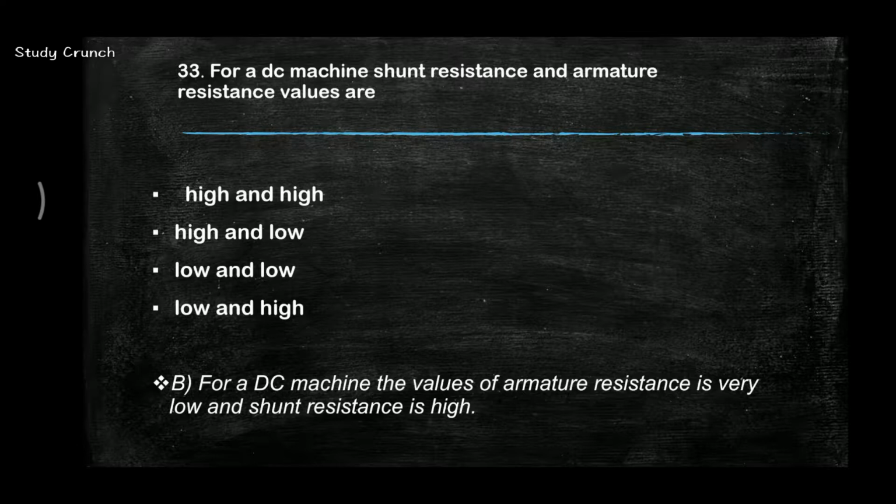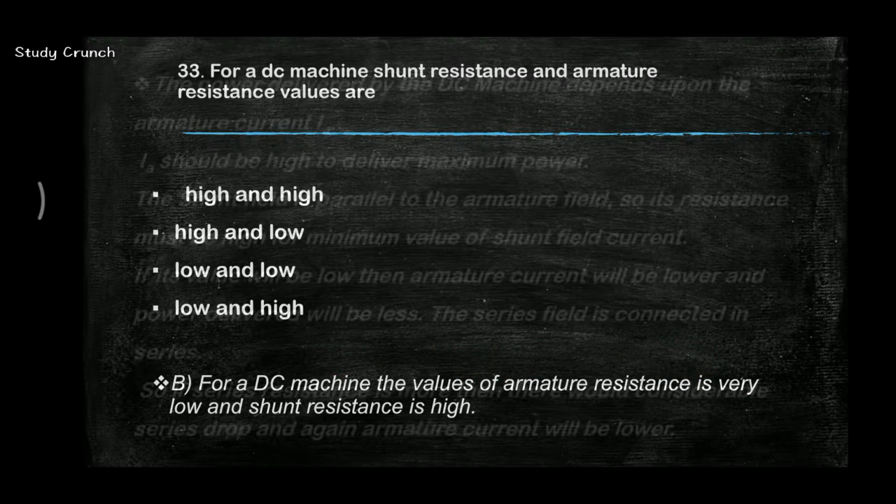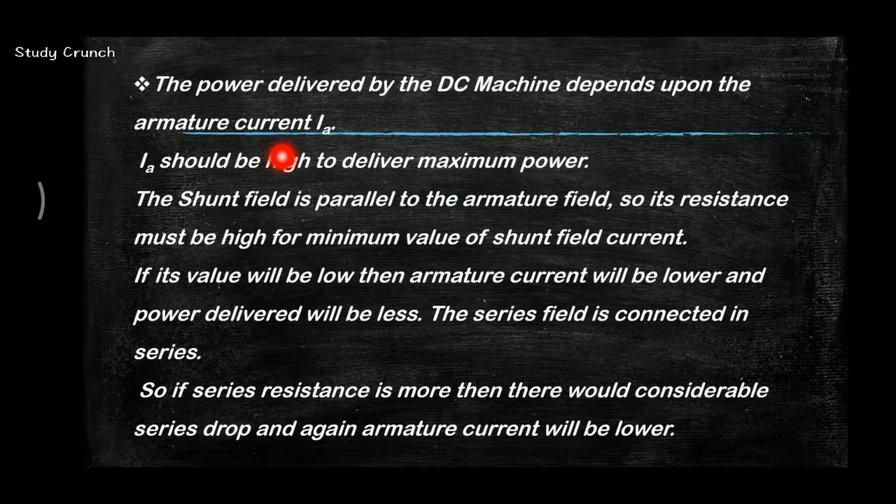Next. For a DC machine, the shunt resistance and armature resistance values are, so the answer is B, that is high and low. For a DC machine, the value of armature resistance is very low and shunt resistance is high. Because the power delivered by the DC machine depends upon the armature current, and IA should be high to deliver maximum power.